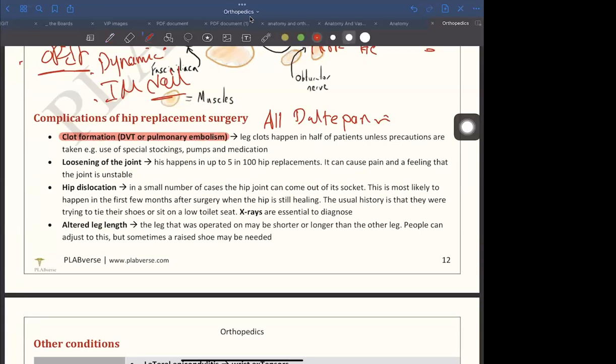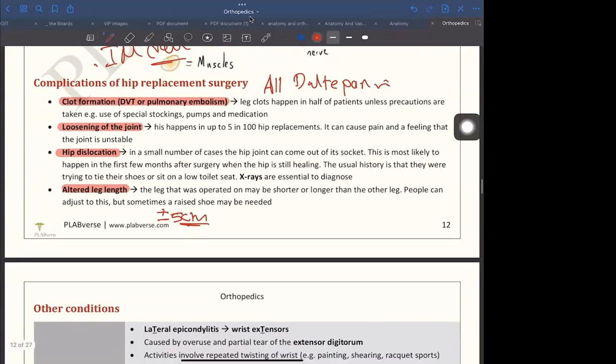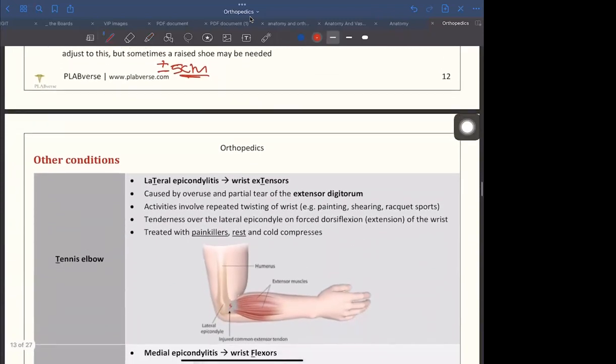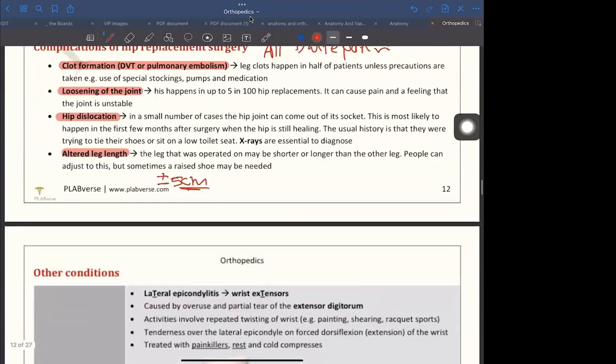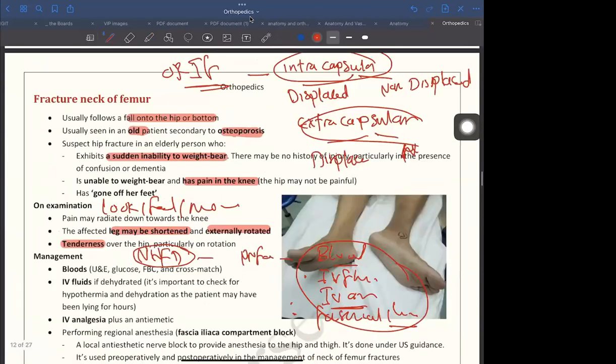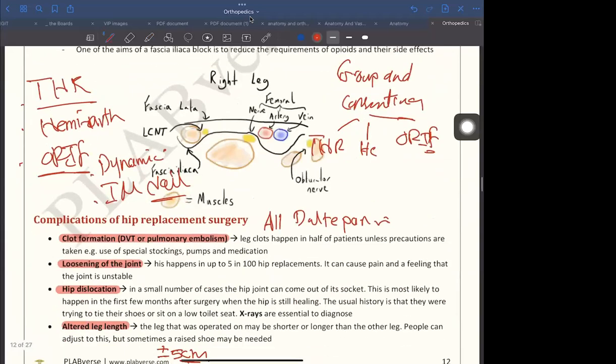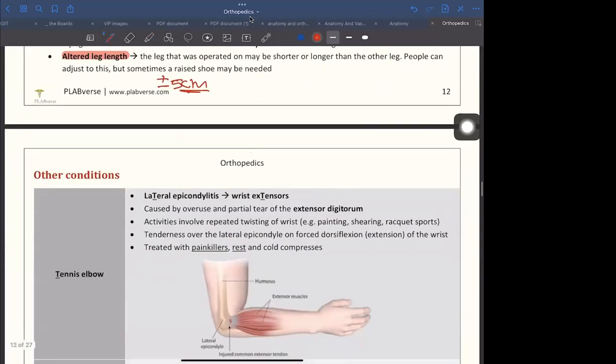There is loosening of the joint, a probability of hip dislocation, and altered leg length. There is always a risk of about 5 centimeter difference between both legs, okay? And this remains accepted. So this is the neck of femur fracture, the commonest fracture, and generally its management. Then we can carry on.